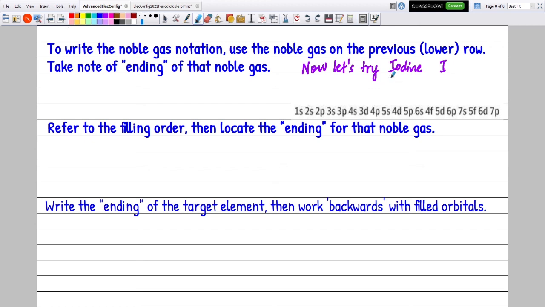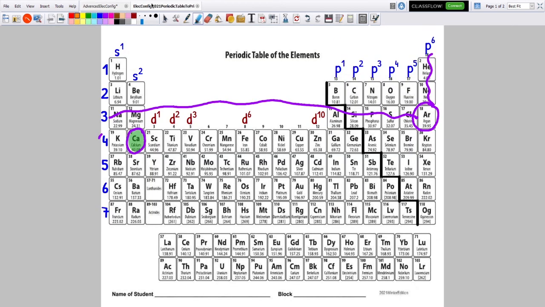Let's try iodine this time. Remember, to use the noble gas notation, we need to take a look at the noble gas on the previous lower row. So let's find iodine first of all. Iodine's right here. And the noble gas on the row before iodine is krypton.